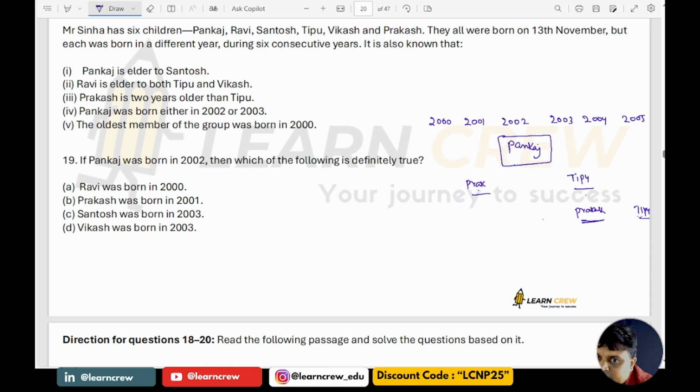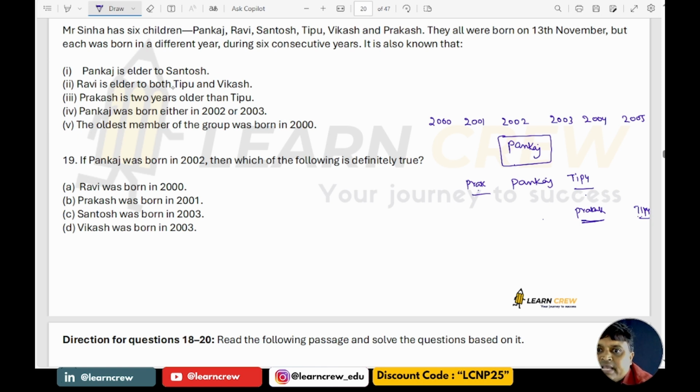If Pankaj was born in 2002, which of the following is definitely true? Ravi was born in 2000. Ravi is elder than both Tipu and Vikas. So this is Pankaj. So Prakash, Pankaj, Tipu, and it is given that Prakash is 2 years older than Tipu, satisfied.